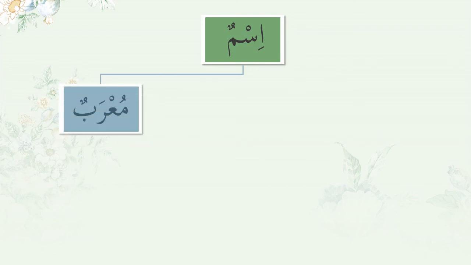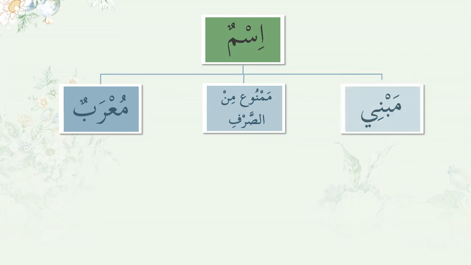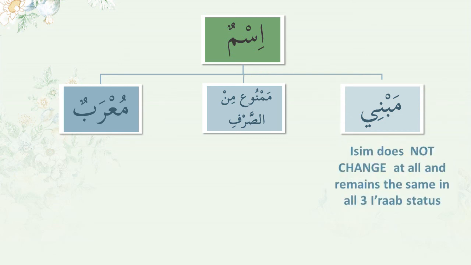All isim can be categorized into 3 groups in terms of i'rab. The first is isim mu'rab or flexible isim, the second is mamnu min al-sarf, partly flexible isim, and the third is mabni, inflexible or fixed isim. Isim mabni is kind of stubborn and does not change under any condition.